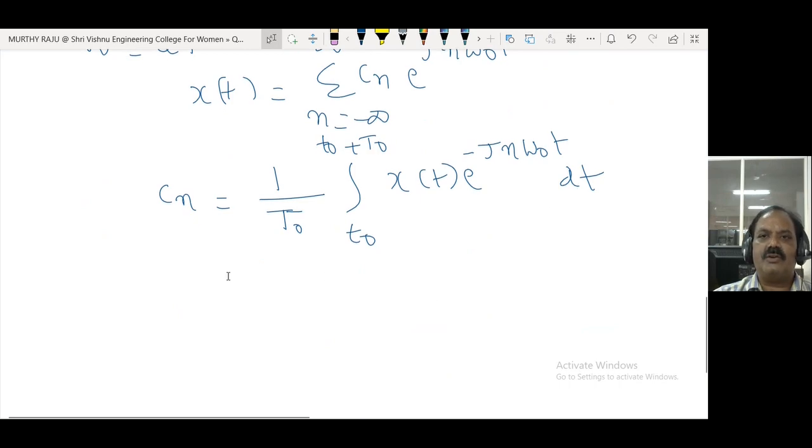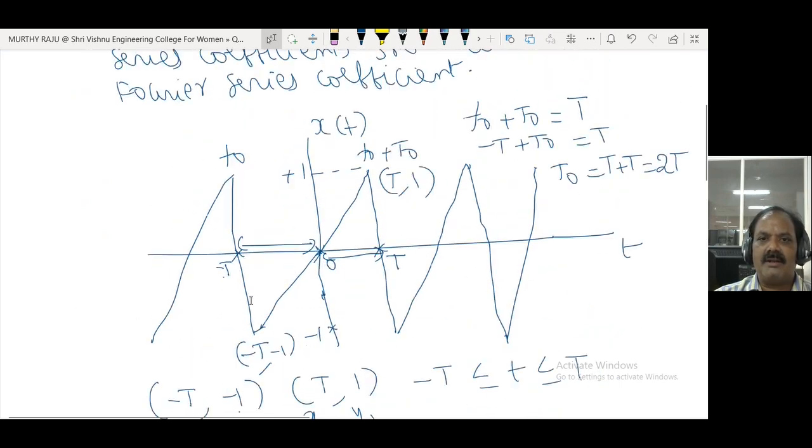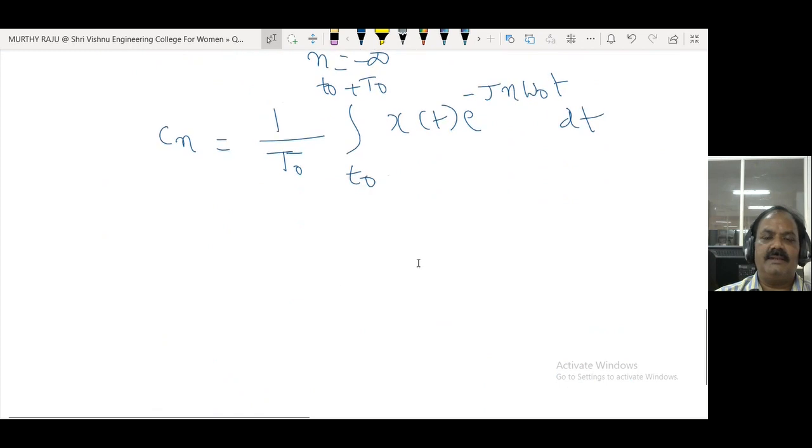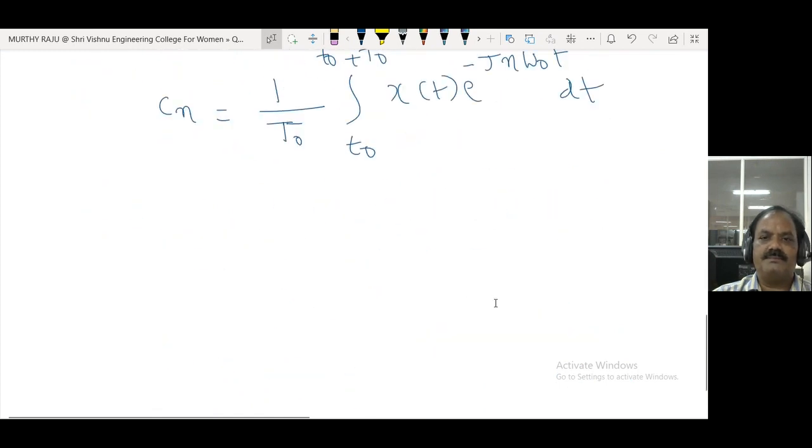We know that small t naught is minus T, and small t naught plus capital T naught is plus T. T naught is equal to 2T.